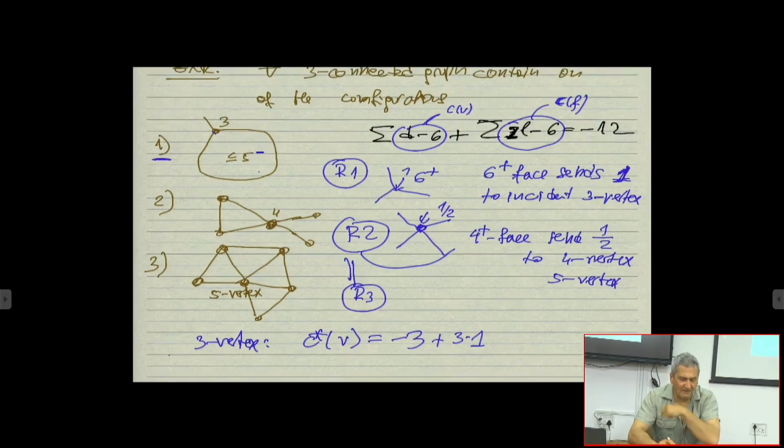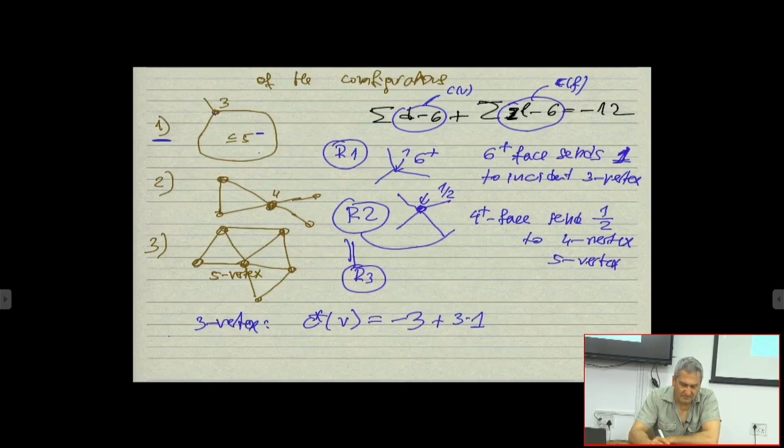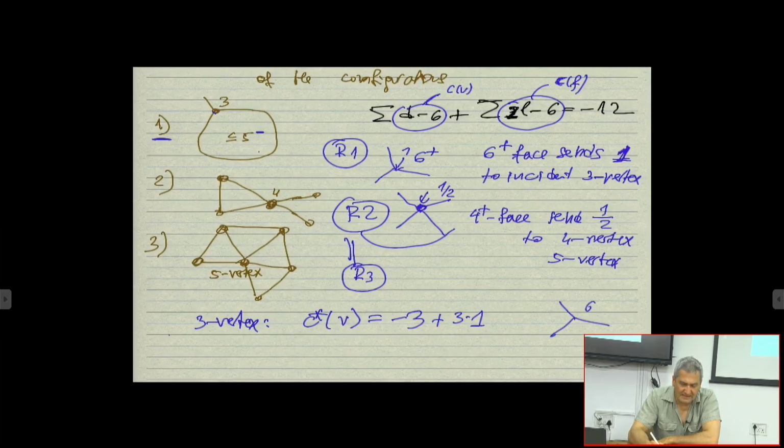When we have a 3 vertex, it has 6 plus faces around, and each one sends 1. So it will be exactly 0.